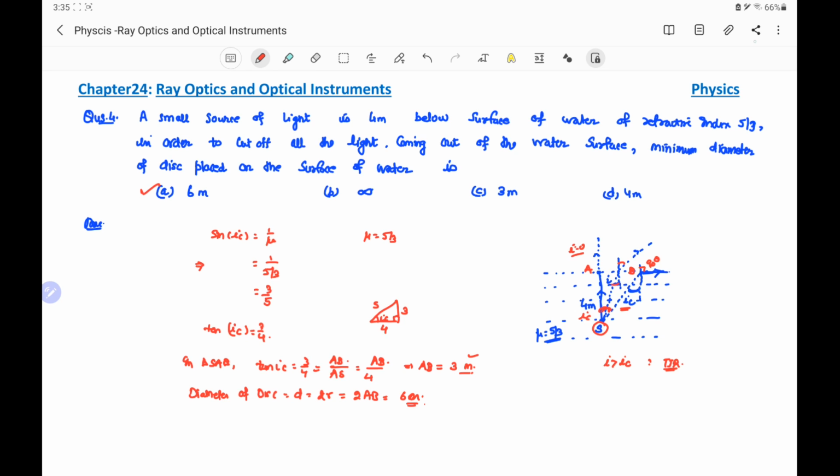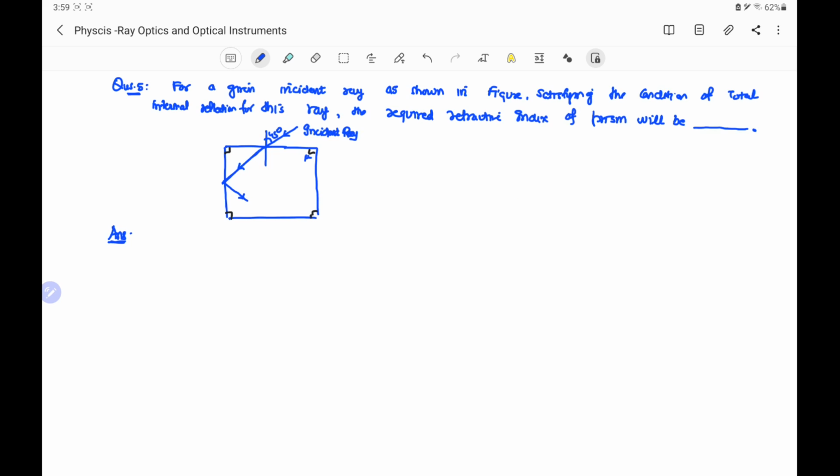Next question is, for a given incident ray as shown in the figure, satisfying the condition of total internal reflection for this ray, the required refractive index of the prism will be. Here, the angle of incidence shown is 45 degrees.